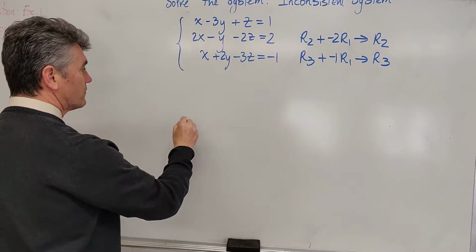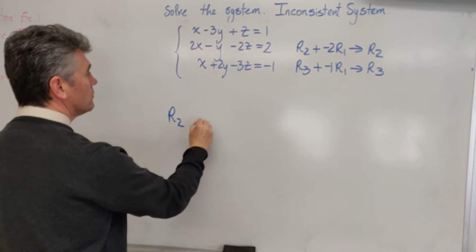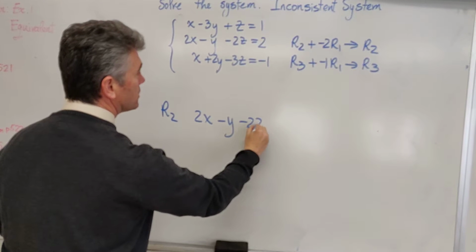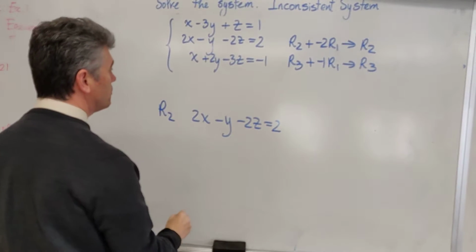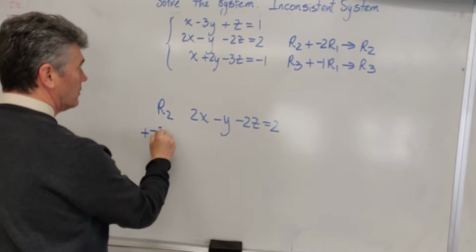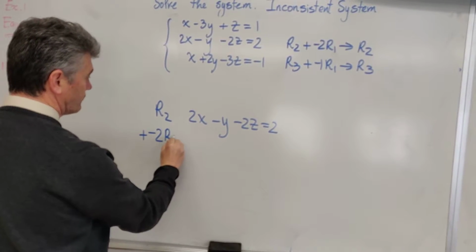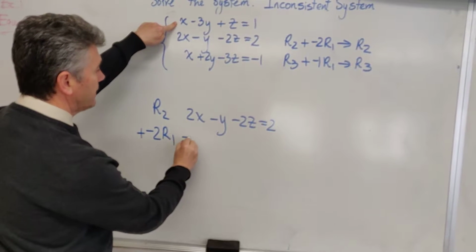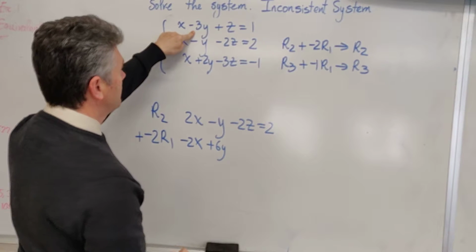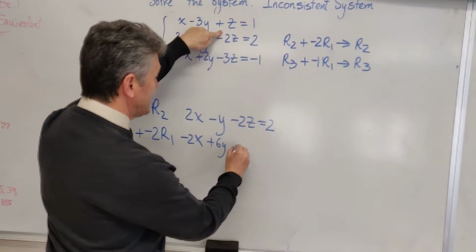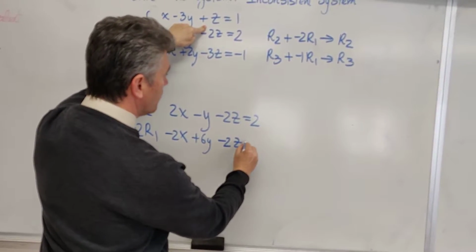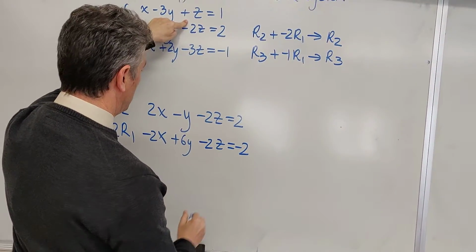Let's do that. Row 2, 2x minus y minus 2z is equal to 2, plus negative 2 row 1. That will be negative 2x plus 6y minus 2z equals negative 2.